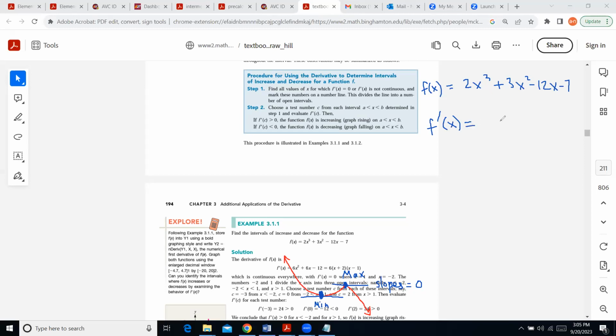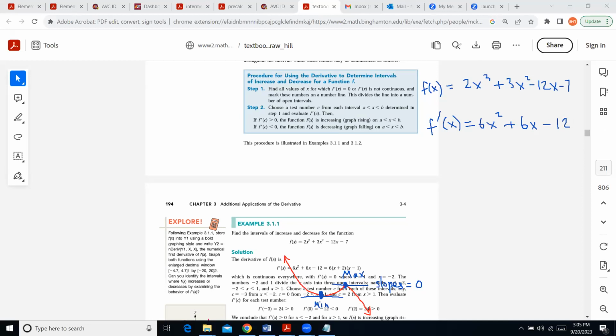I'll just bring 3 down, so multiplied by 2 I get 6 with x squared. Then I multiply 3 by 2 for the next one, and I get 6 times x to the power of 1, so it's just x. And finally, the 12x derivative will be equal to 12.